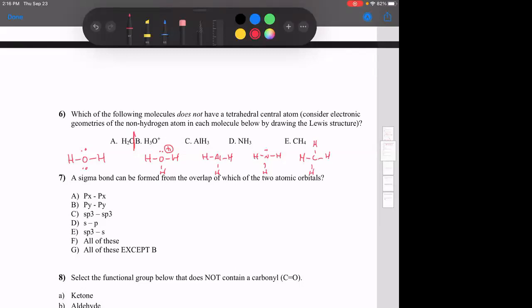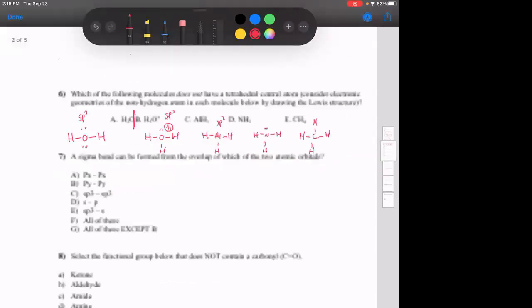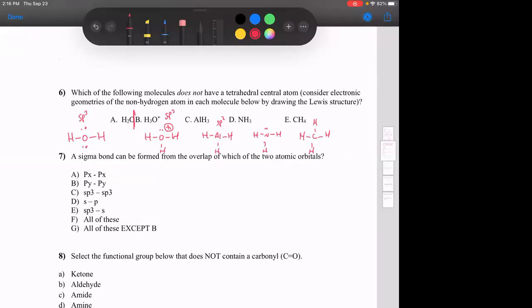All right, so looking at these, the central atom in water is oxygen. So that's sp3, 4 different things, 2 lone pairs, 2 hydrogens. In hydronium, it's also sp3. You've got a lone pair and 3 hydrogens. Aluminum, we're sp2, right? Because we're only bonded to 3 things. Nitrogen is bonded to 4 things, a lone pair and 3 hydrogens.